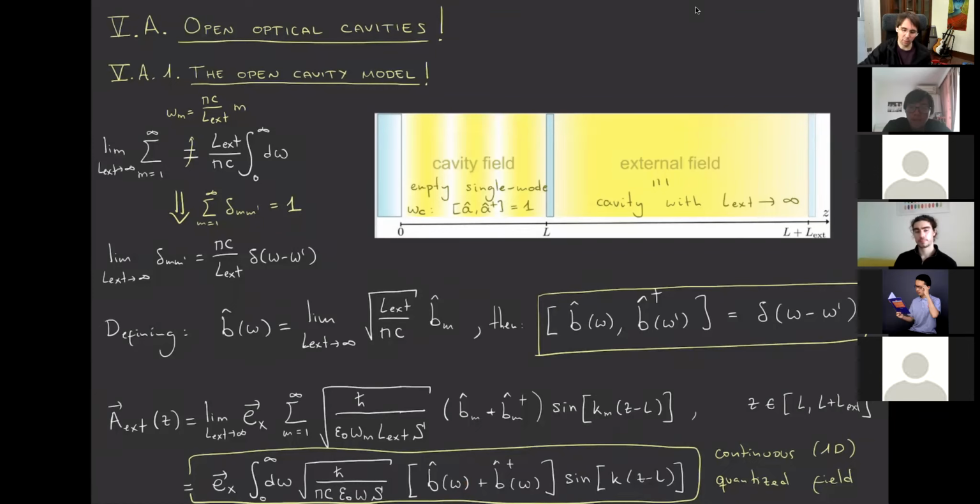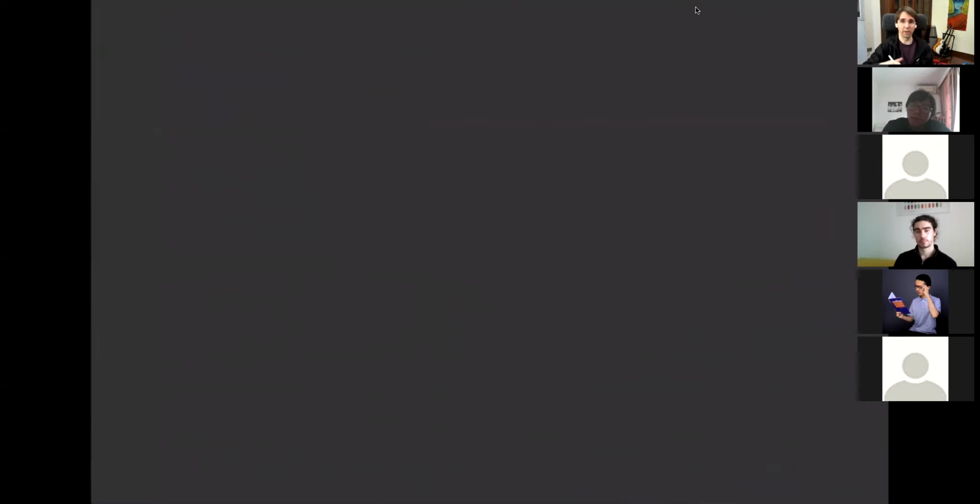So now that we have the model for the external field and we have the model for the internal field, because we are assuming it's just a single mode of frequency omega c, we will talk about what happens when you include all the modes of the cavity, okay? But for now, let's focus on a single mode. Then we can move on to write down the Hamiltonian of the full system, okay?